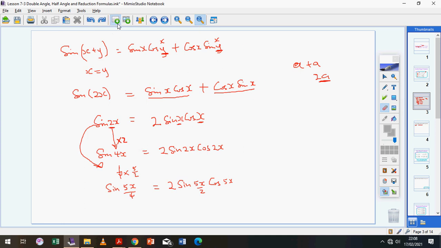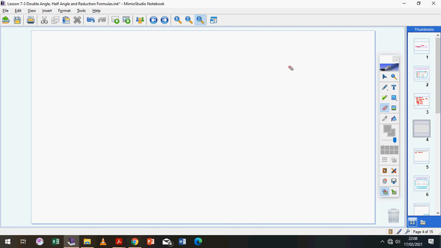The one for cosine, again going back to the addition formula for cosine, cosine of x plus y, I hope you remember from last lesson, was cosine of x times cosine of y minus sine of x times sine of y.